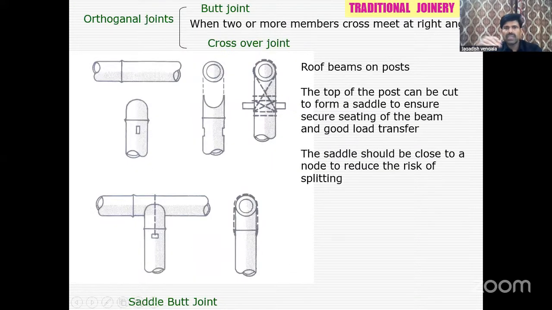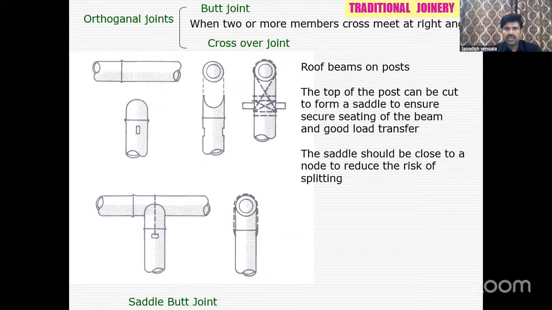And then over that the cross beam is placed, and then it can be secured either with rope or by inserting a dowel, and this dowel is again connected with rope, and then column 2, again a crossover beam. You can see the side and side cross section also.